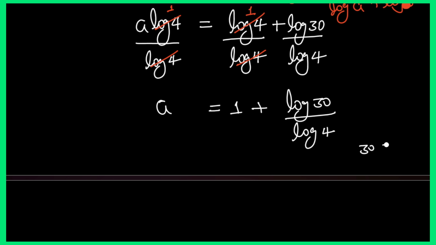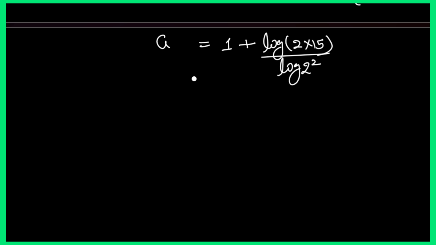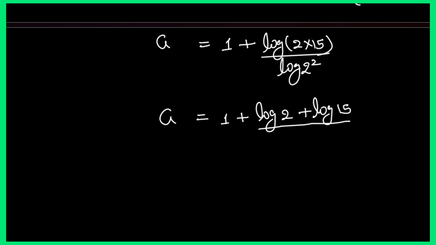Now 30 can be written as 2 × 15. So the equation becomes a equals 1 plus log (2 × 15), and log 4 can be written as log 2 squared, which can be written as 2 log 2.